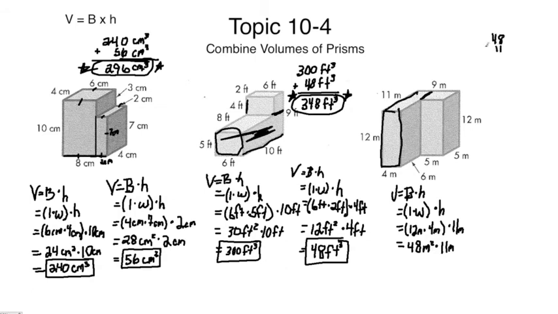Times 11. I got 48 multiplying by 10 is 480, and 8 times 1 is 8, 1 times 4 is 4, and I get 528. I get the answer 528, and a meter squared times a meter is a meter cubed.